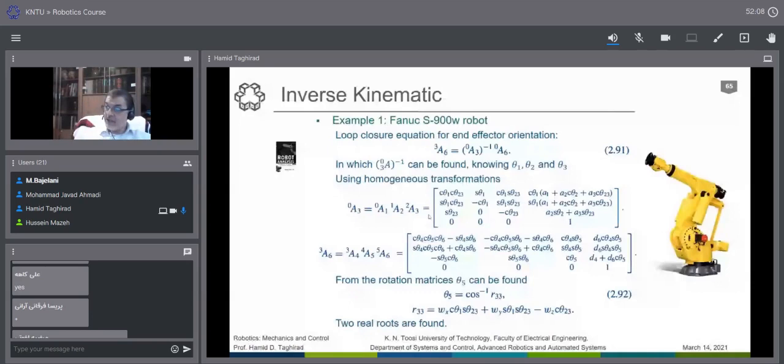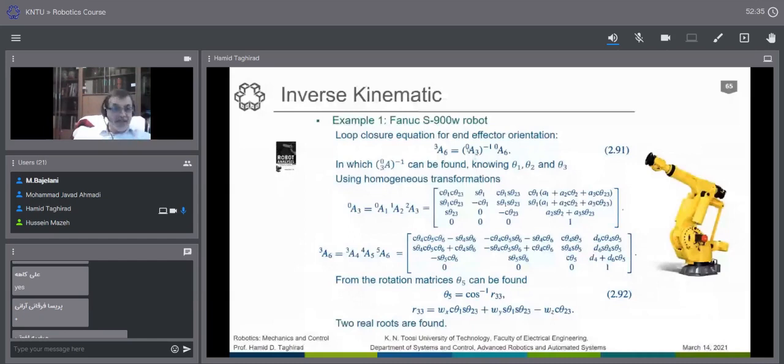We have this R 6 to 0 from the inverse kinematic problem. Consider that UVW is quite given. Now we would like to find theta 4, theta 5, and theta 6. This is given, and we would like to find this. Since we have theta 1, theta 2, theta 3, we have A 3 to 0 quite easily.